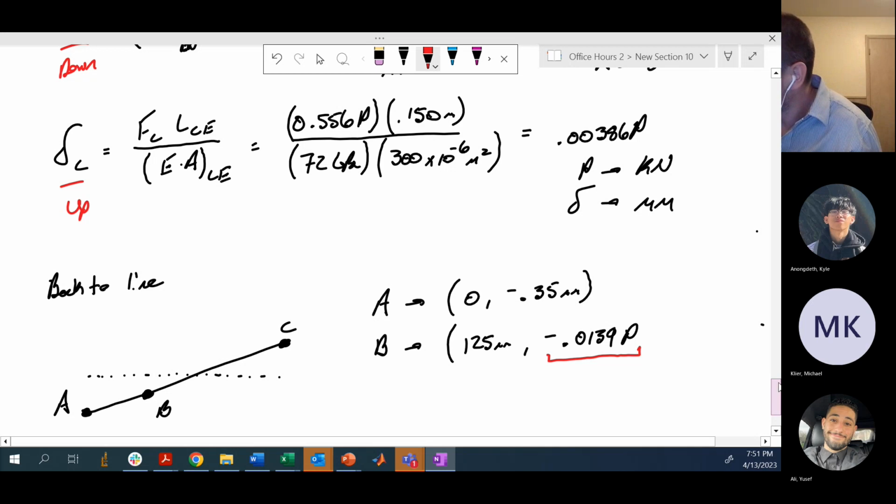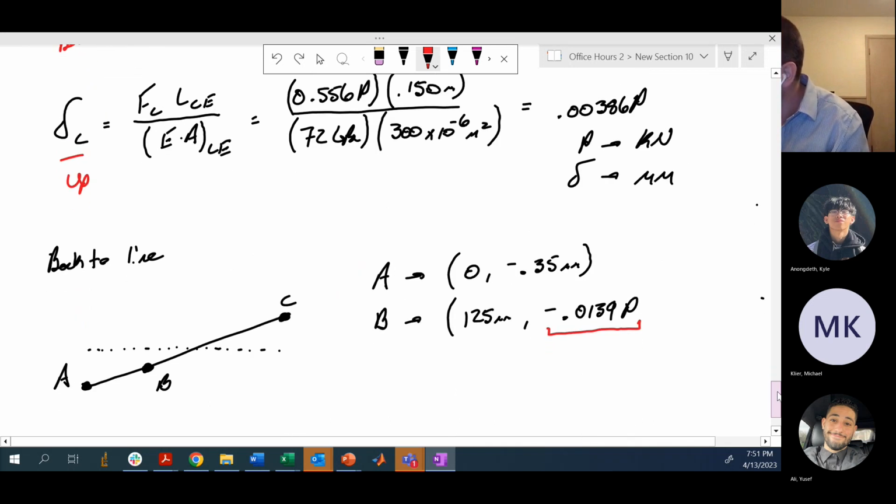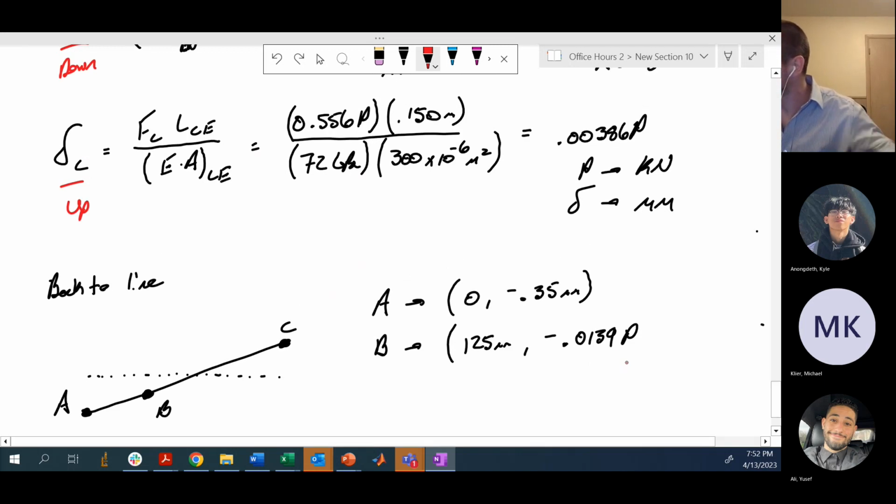When I move up to this situation, I did a unit conversion to make sure that the leading coefficient, 0.0139, will give me a deflection in millimeters.